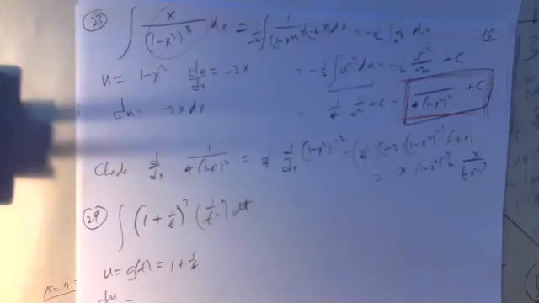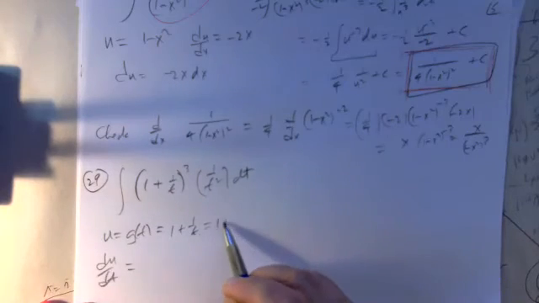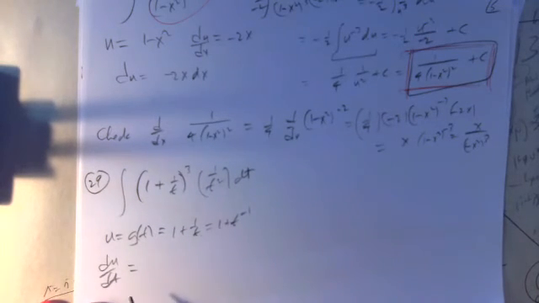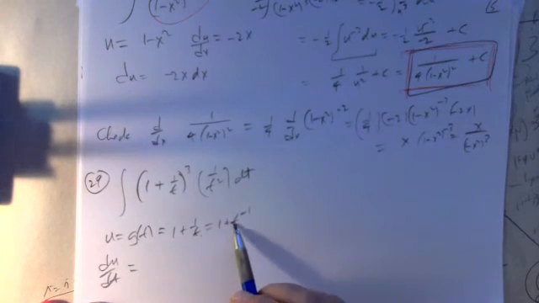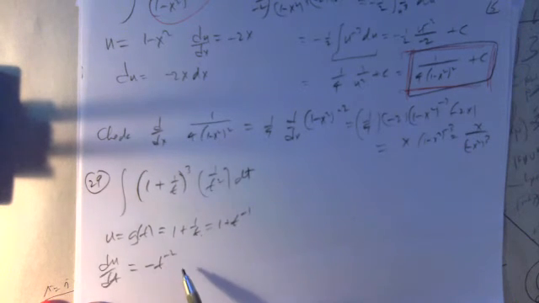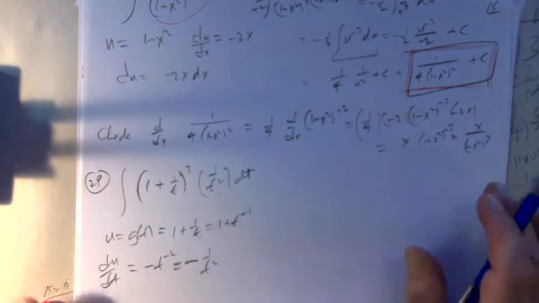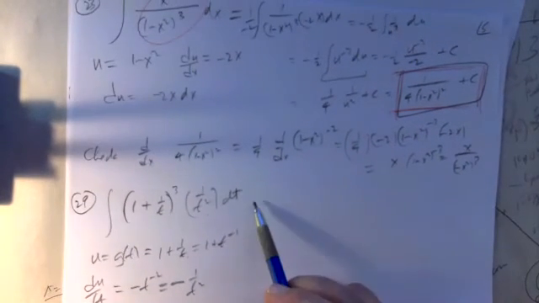What's the derivative of this function? Minus t to the minus 2. Exactly. This is 1 plus t to the minus 1. The derivative of 1 is 0. The derivative of t to the minus 1 is minus 1 t to the minus 2, or minus 1 over t squared, which is basically what you have there, except for the minus sign.